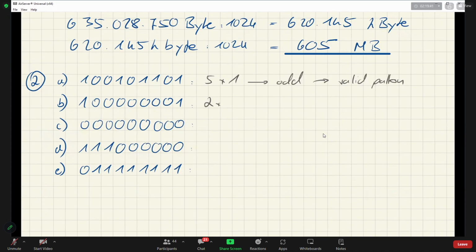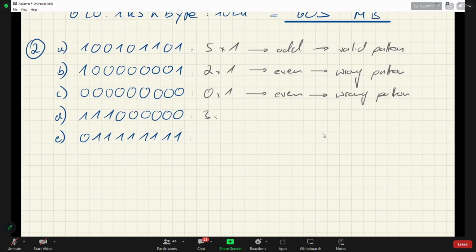In the next one, we have 2 times 1. That's even, so that's a wrong pattern. Then we have 0 times 1. That's also even, and by that also a wrong pattern. Then we have 3 times 1.